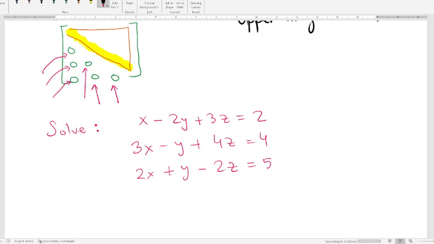Then we substitute the value of z in a relation where y and z are together and find the value of y. And once we get y and z, we find the value of x. So this is what we have done, but it is very calculation intensive.